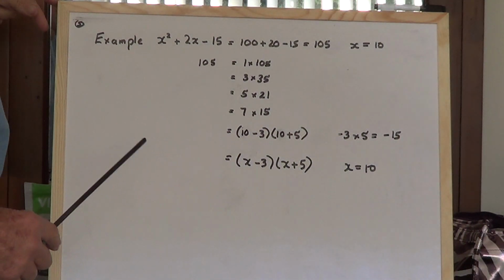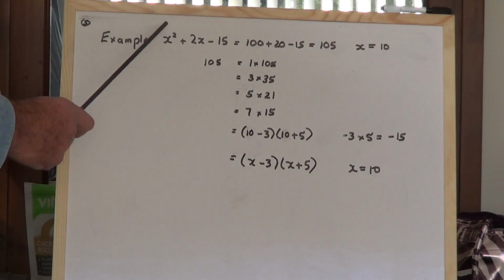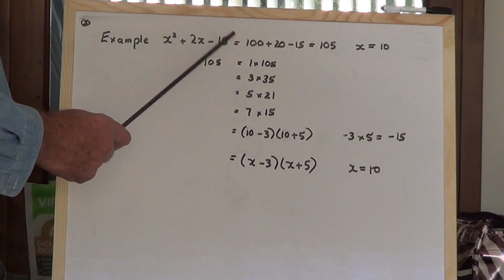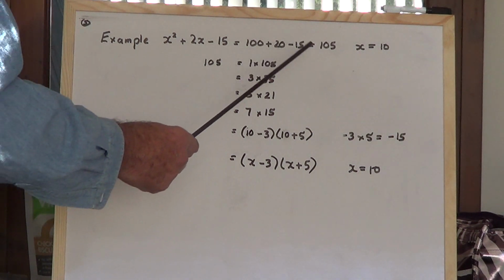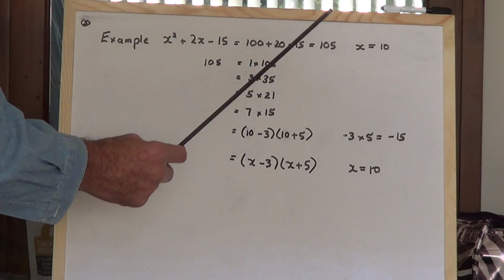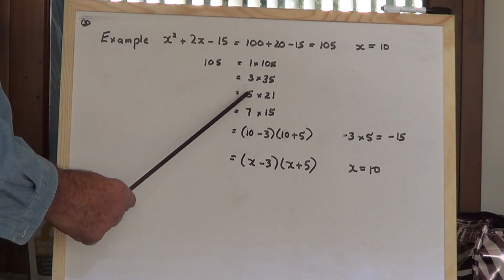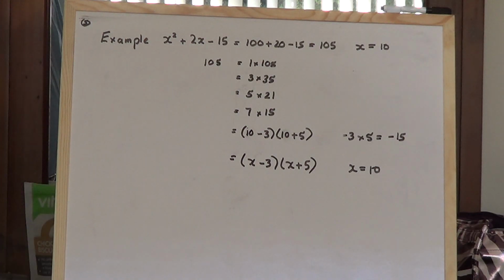Alright, here's an example. We've got a negative on the end. So we replace x by 10, again that's 100, that's 20, that's minus 15, we end up with 105 when x is 10. 105 is 1 times 105, 3 times 35, 5 times 21, and 7 times 15.